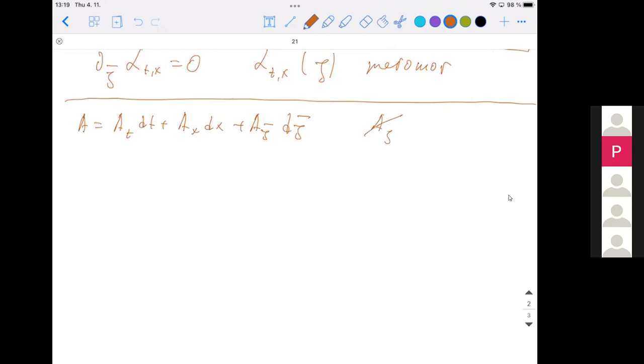The three-dimensional Chern-Simons form is like this, A dA plus 2/3 A cubed.